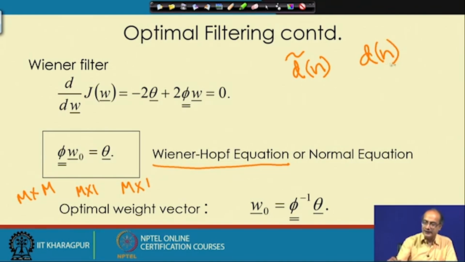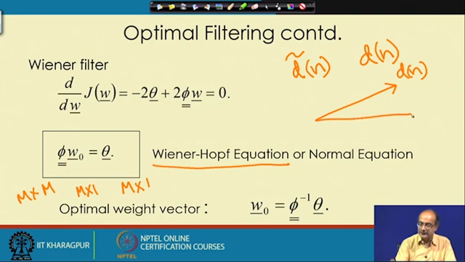Now, let us take d n as a vector, and say d tilde n is going in this direction. The error would be minimum when, if this is d tilde n, then this one would be the error.